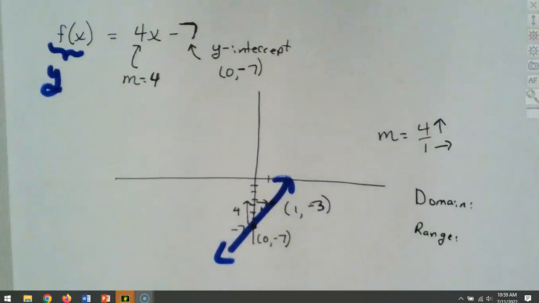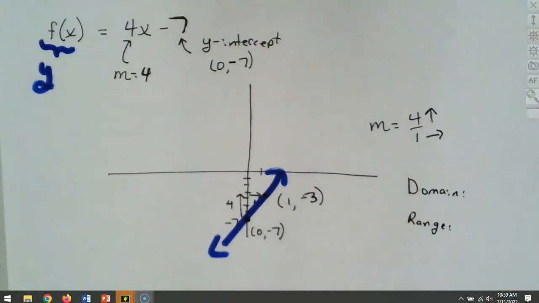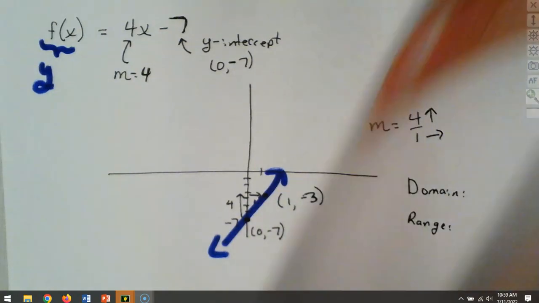Now, what about our domain and range? The good thing about all of these graphs is that, unless they're a constant function, they're all going to have the same domain and range. Look at this graph on the x-axis. It's going up from left to right. So it covers the entire x-axis.